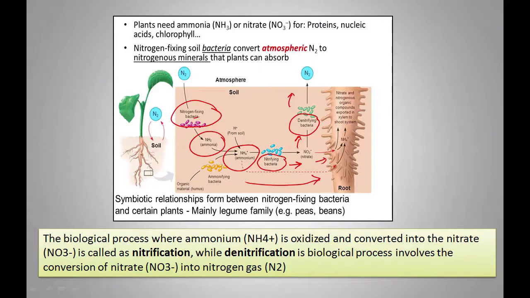Now what are nitrification and denitrification? The biological process where ammonium is oxidized and converted into nitrate is called nitrification, while denitrification is the biological process which involves the conversion of nitrate to nitrogen gas.